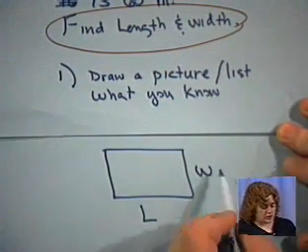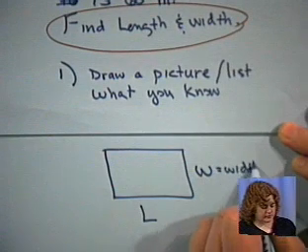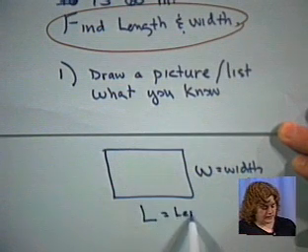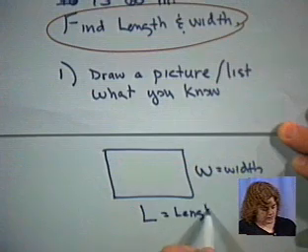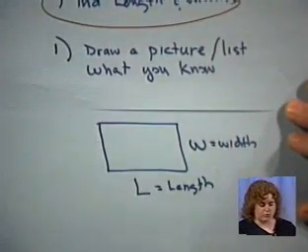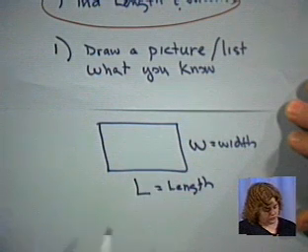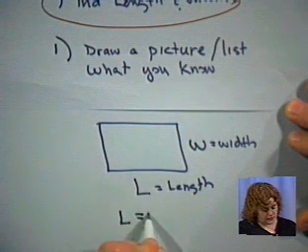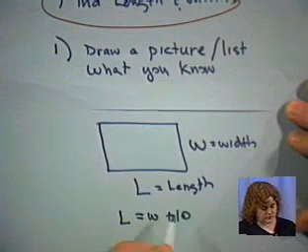Now, we know that the length is the width plus 10. That's what that 10 meters more than indicates. So we can say that L equals W plus 10.